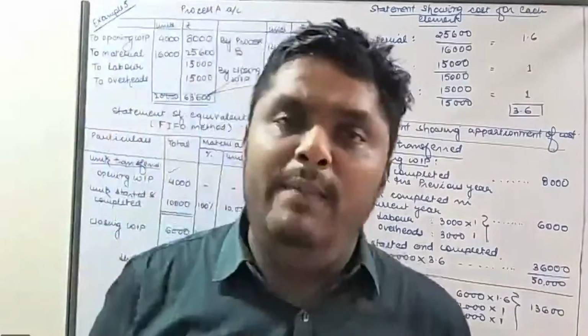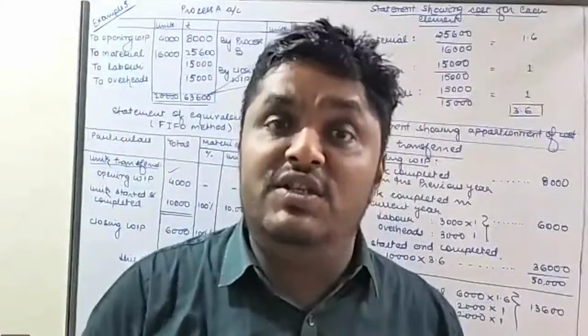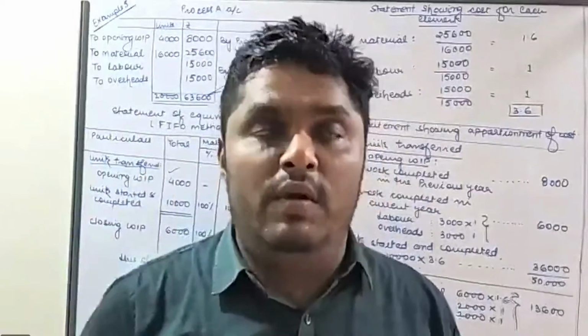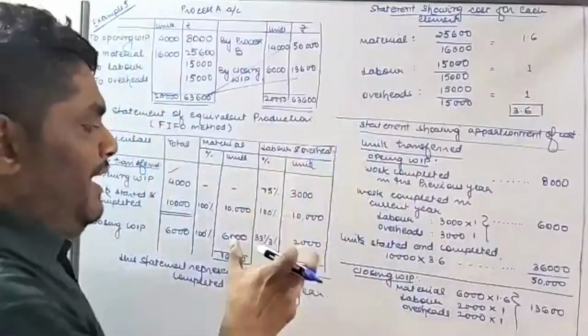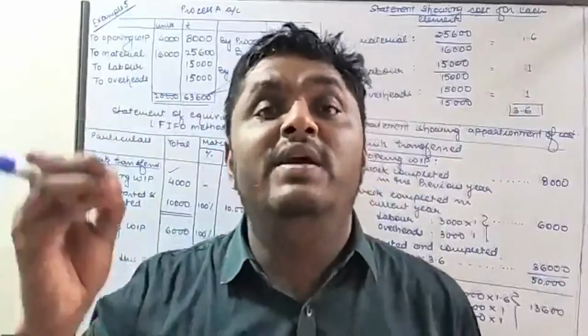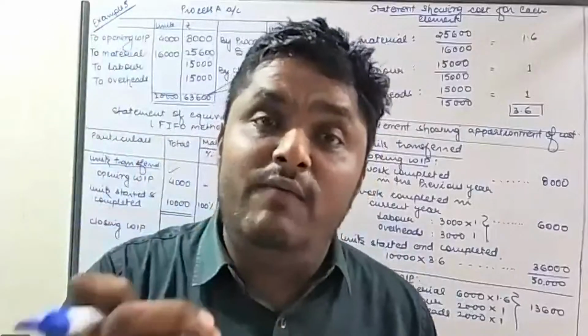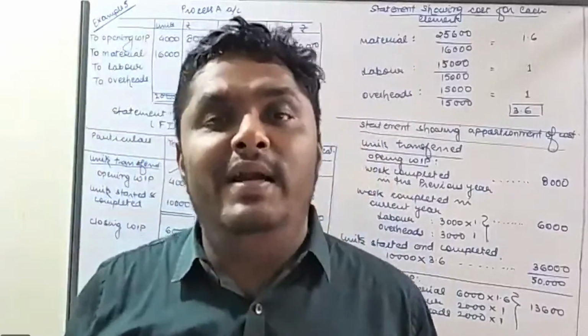Now, once equivalent number of units are calculated, what we do, as I have discussed in the previous session, we calculate the cost per unit. So, again, this statement represents what? The work that is completed during the year. The work done this year is what this statement represents.